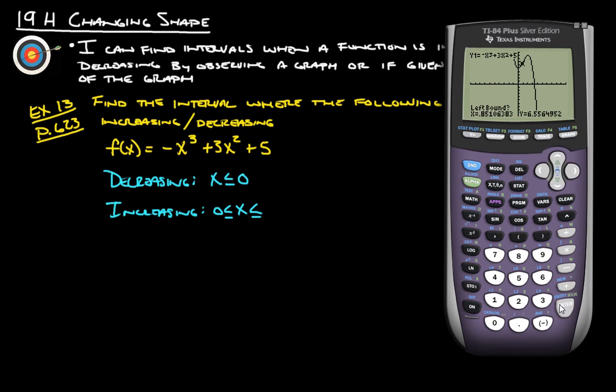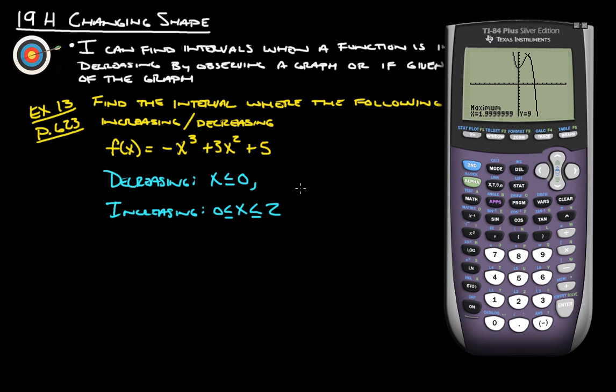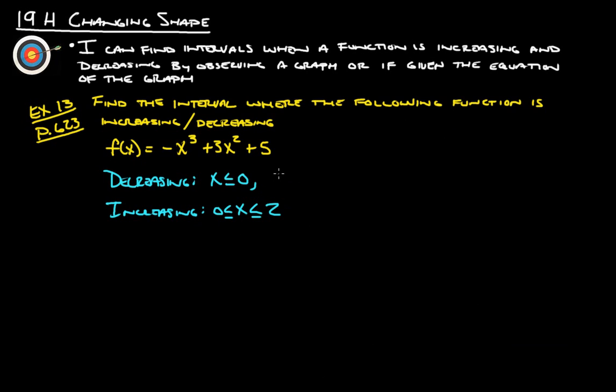There's the left side, get it past the top. There's the right side, and that gives us that x is 2. So it's increasing when x is greater than or equal to 0 but less than or equal to 2. And that also means that it is decreasing after x is 2, so it is decreasing when x is greater than or equal to 2.